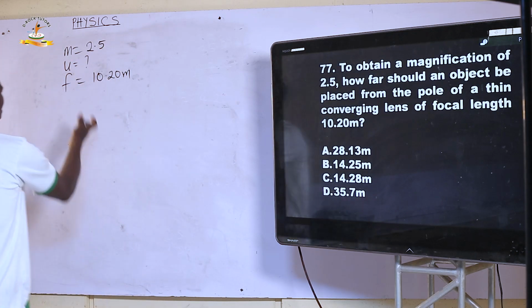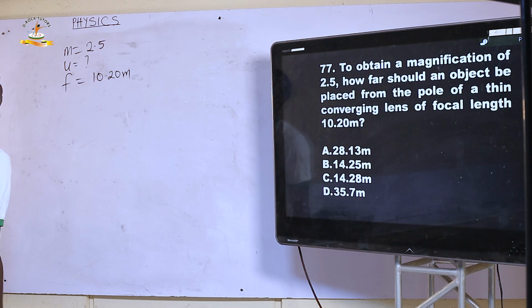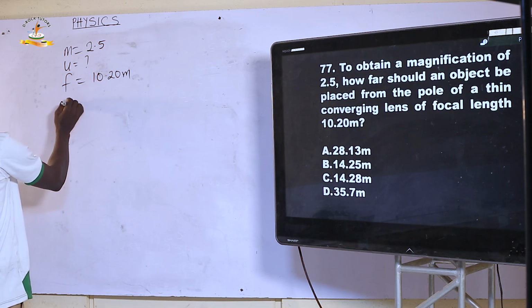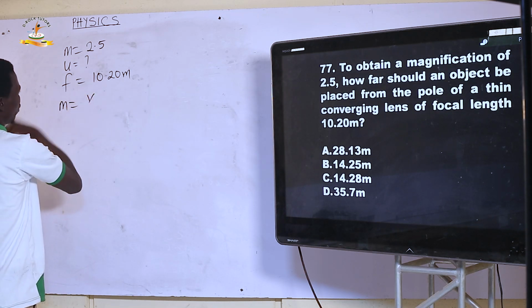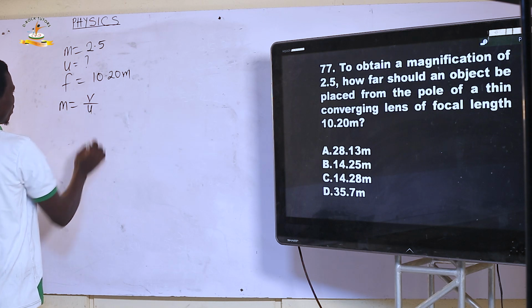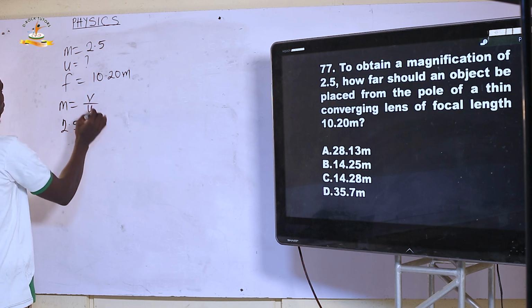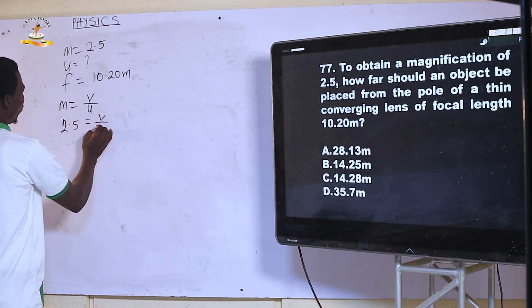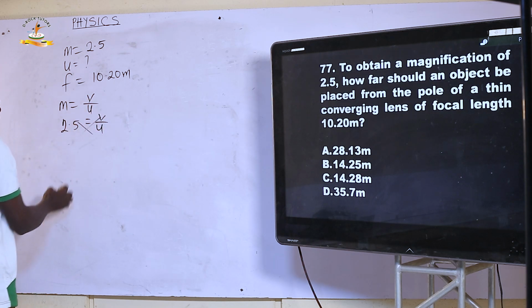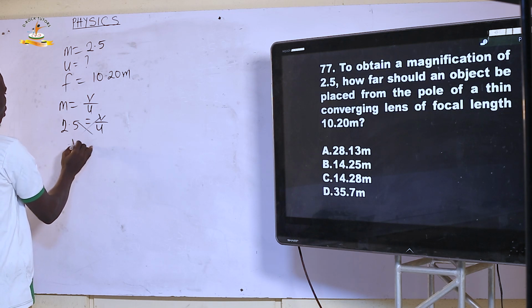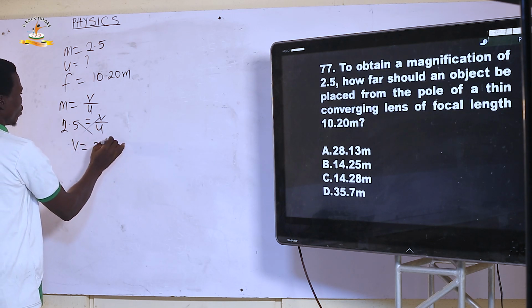So we don't have to change this to a negative value, and we use our magnification formula, image distance over object distance. With that, we have M, which is 2.5, equals v over u. If you cross multiply, you're going to have v equals 2.5u.